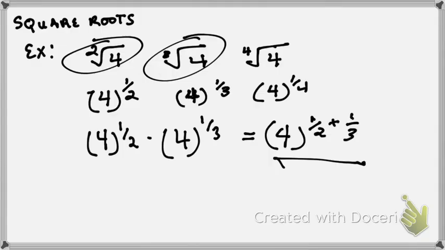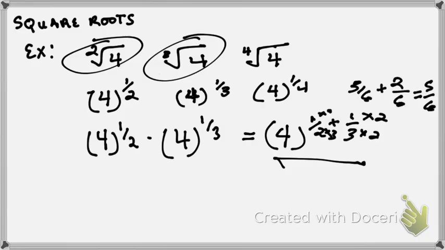So the way you would simplify is multiply by 2, multiply by 3, multiply by 3. Okay, so that would be 3 over 6 plus 2 over 6, right? So we have 5 over 6, and that answer would be 4 raised to 5 over 6, right?